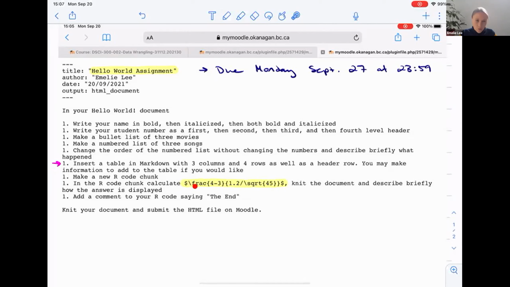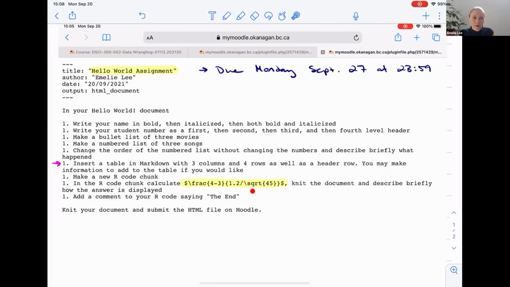What I want you to do is copy this whole chunk, all this text, into a new Markdown document, right? When you knit it, you can just knit it. It should just knit on its own, or once you press knit, you'll see how this generates.